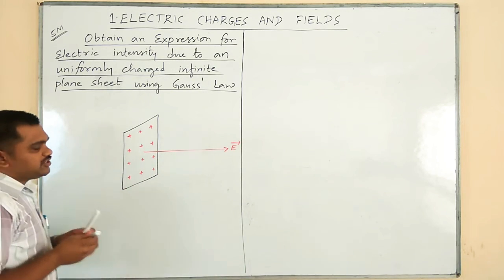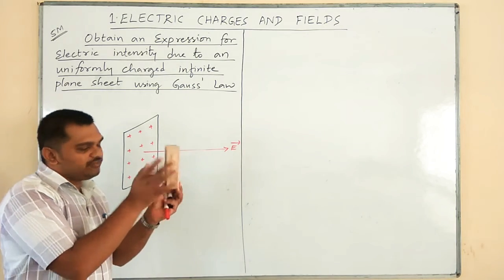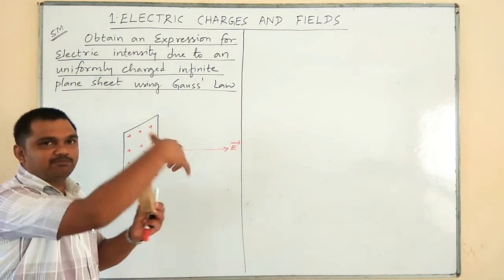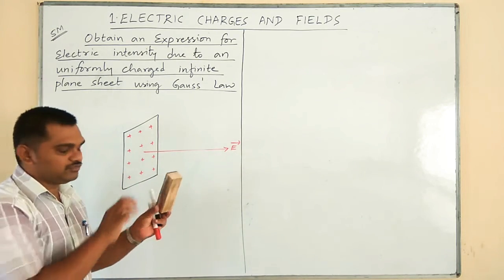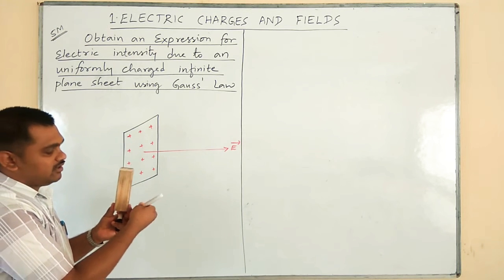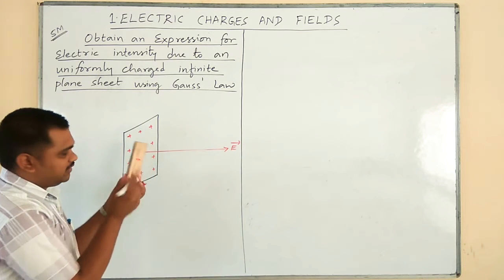Similarly, a sheet means just like this. If you consider this as a sheet, we have sprinkled some positive charges on it, which are uniformly arranged. Due to this positive charge, here also we can consider positive charges.